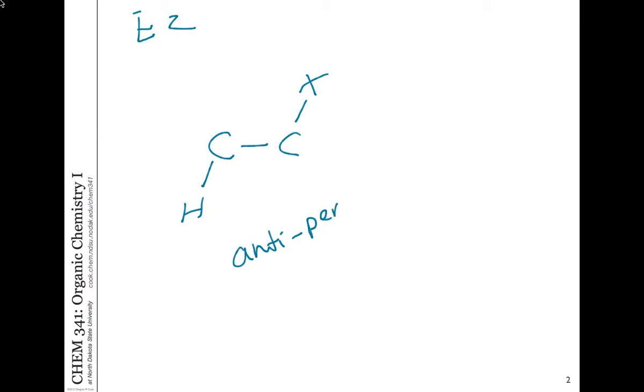So remember, E2 elimination requires that your leaving group, whatever it is, and your hydrogen be in the same plane and 180 degrees apart. Anti-periplanar or anti-coplanar, right? So let me just draw the other groups here.